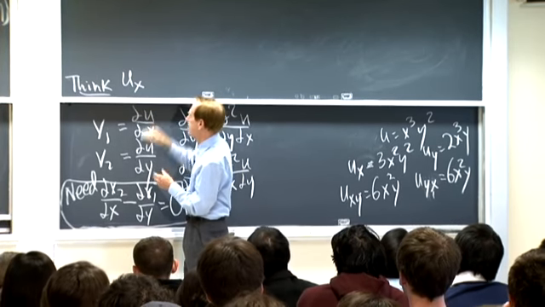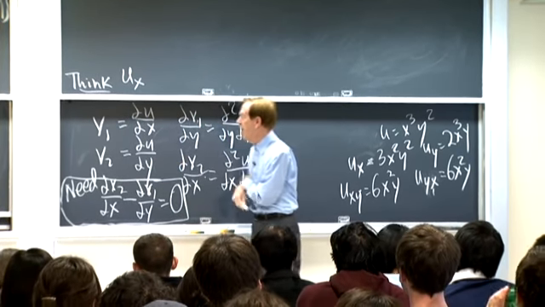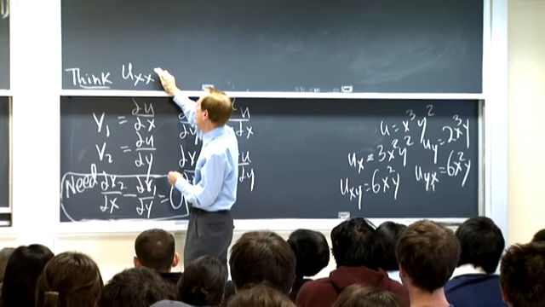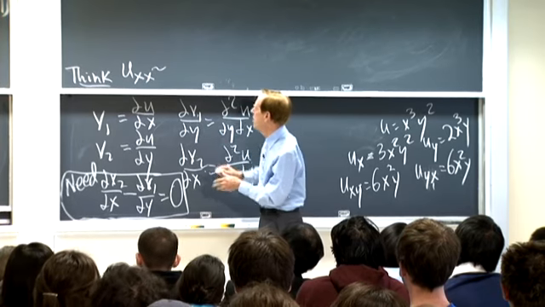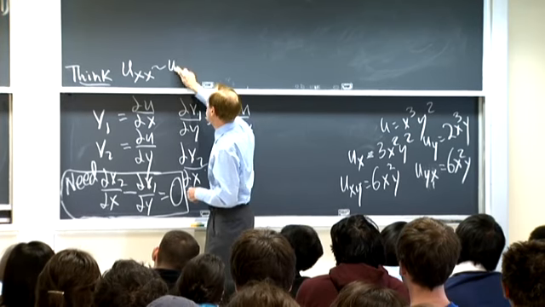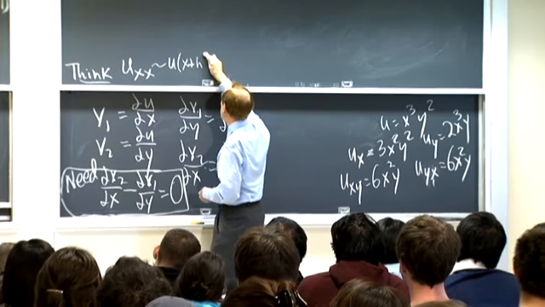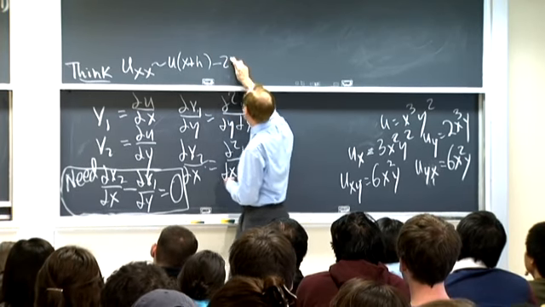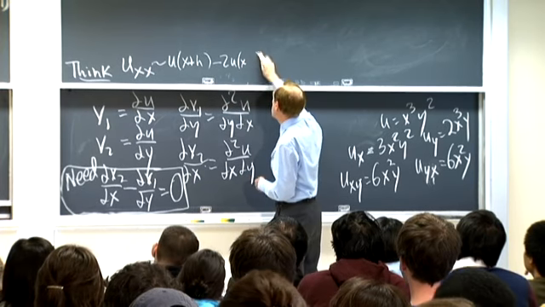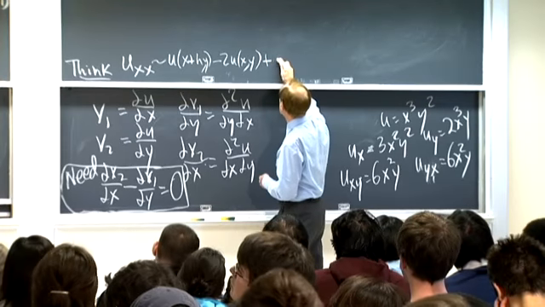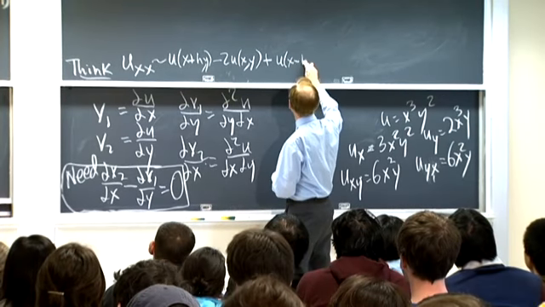I just want to bring finite differences in for a moment. uxx, we've got a handle on. We know that that's like u at x plus h, y, minus 2u at x, y, plus u at x minus h, y.